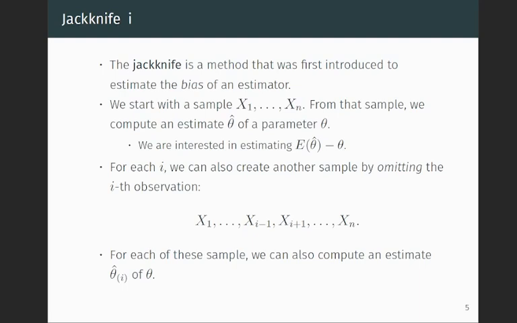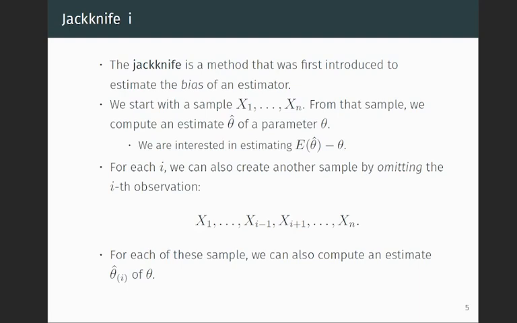So for each i, from 1 to n, we can actually create another sample from the same distribution by omitting the ith observation, right? So we get n samples, each of size n minus 1. And we get those by removing one observation at a time. And for each of these samples, we can compute the estimate using the same formula for theta hat.